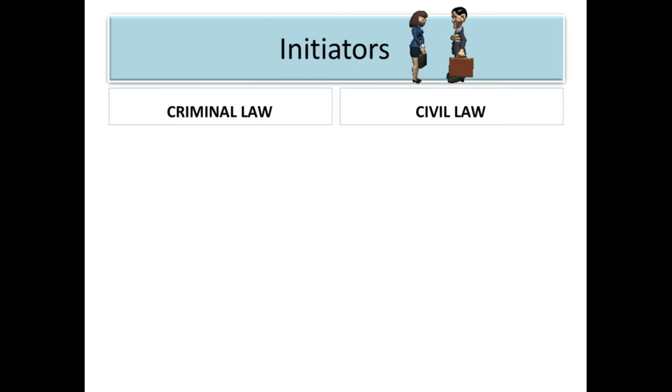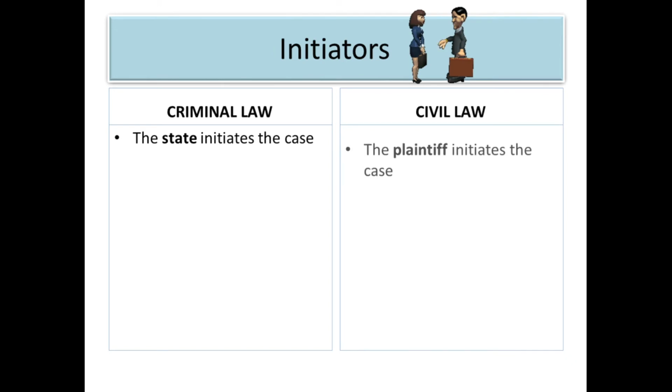Now next, who initiates our cases? Who are the initiators of the cases in criminal and civil law? In criminal law, the state initiates the case. Then in civil law, the plaintiff initiates the case.